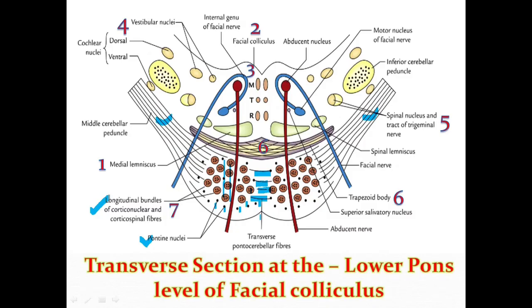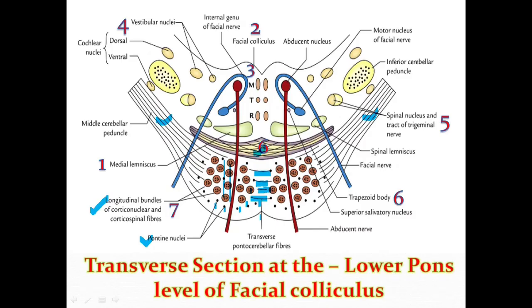Moving towards the tegmental part, the important structure is called the trapezoid body. The trapezoid body is more prominent in the lower part of the pons and is less prominent in the upper part of the pons level.